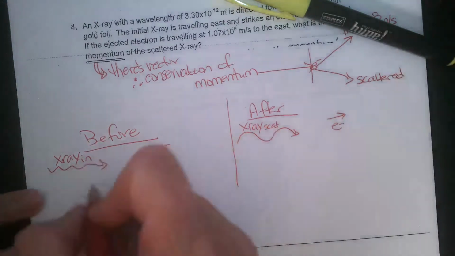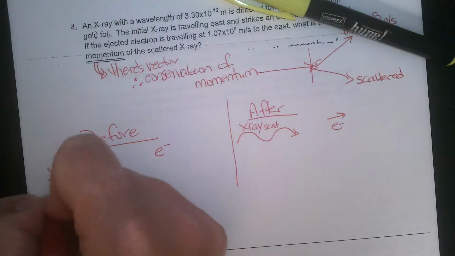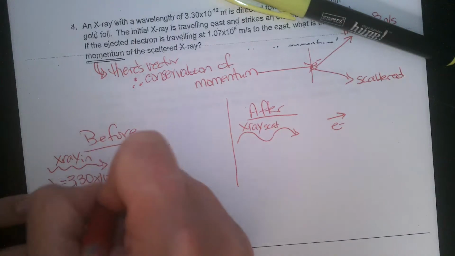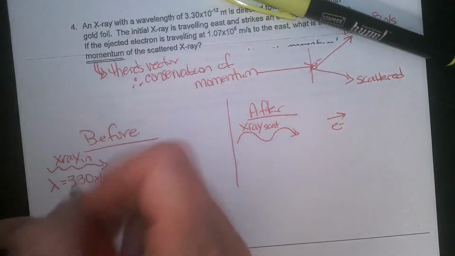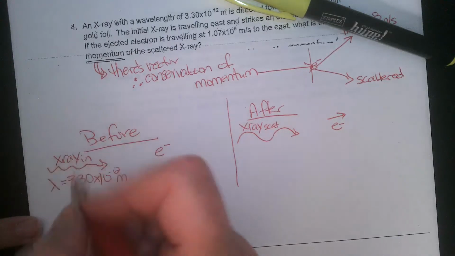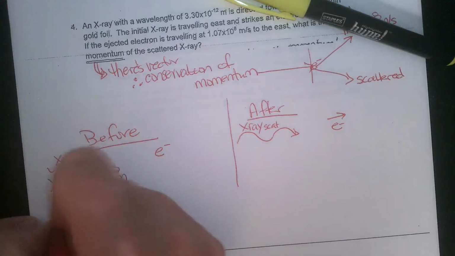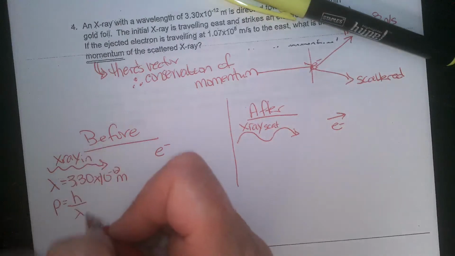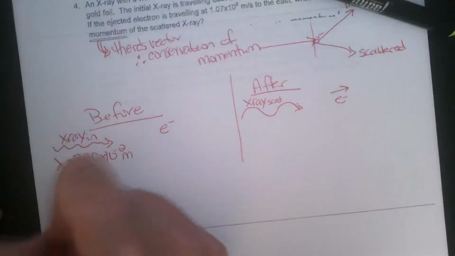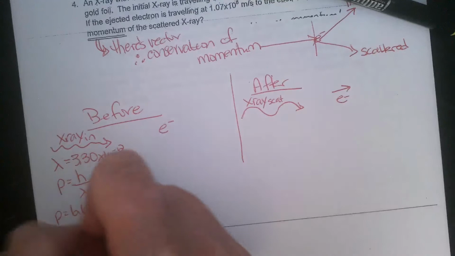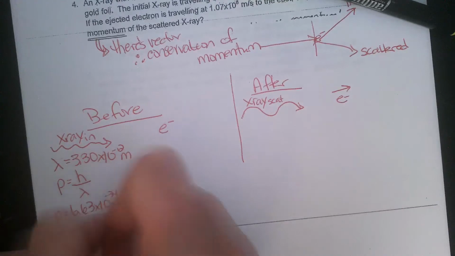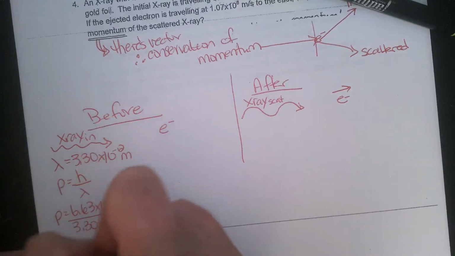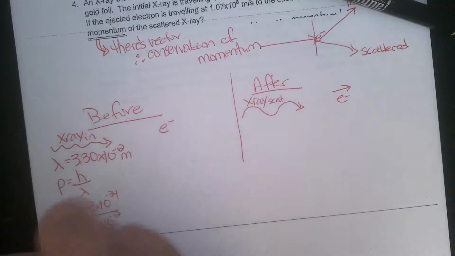Writing down the information that we have, the initial wavelength is 3.30 times 10 to the negative 12 meters. We know that for the momentum of a photon, we can do Planck's constant over a wavelength. So we're going to have 6.63 times 10 to the negative 34 divided by 3.30 times 10 to the negative 12.